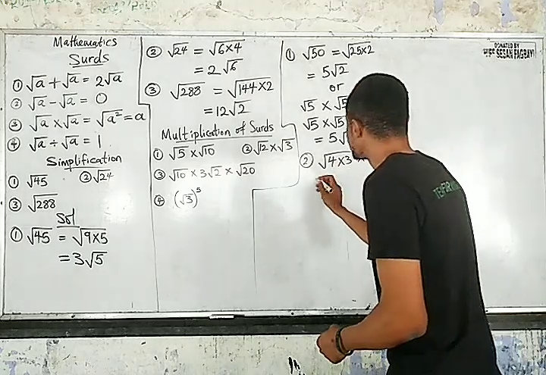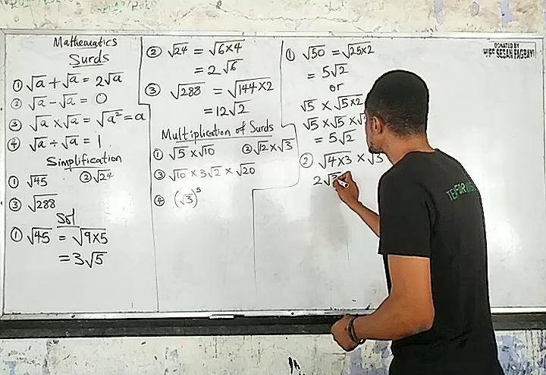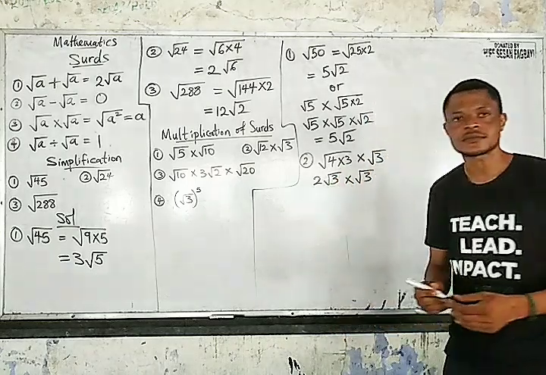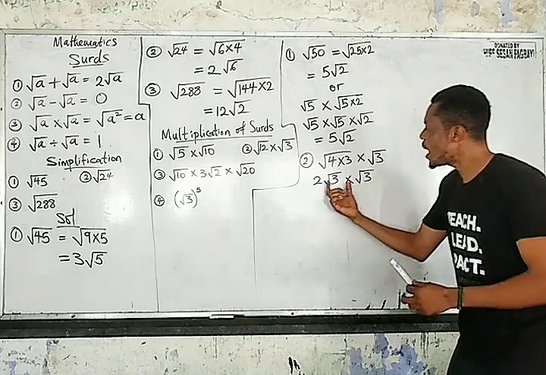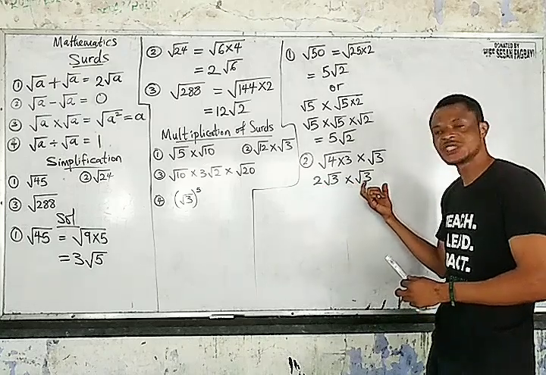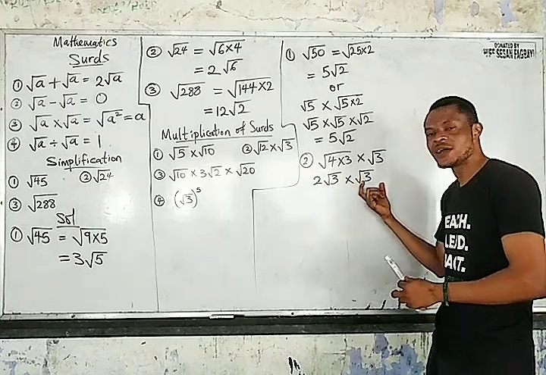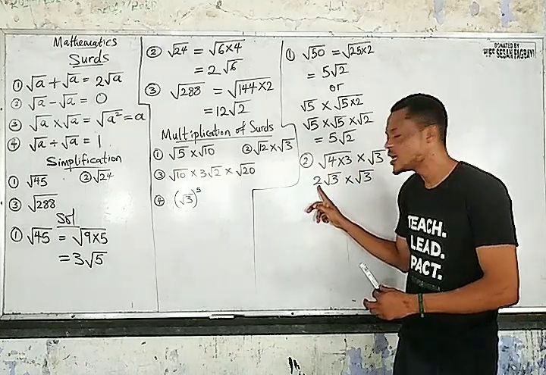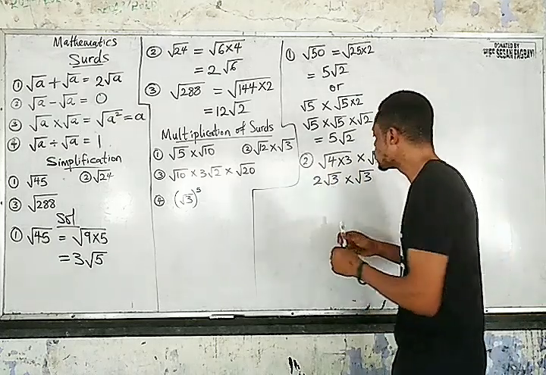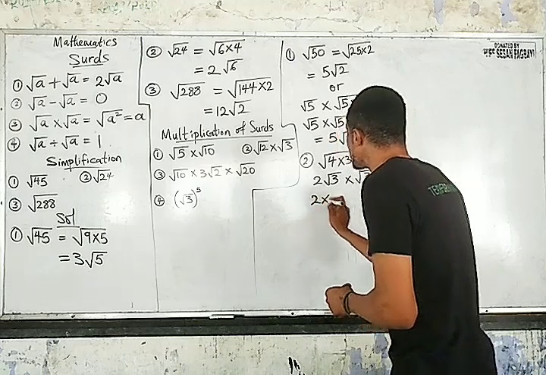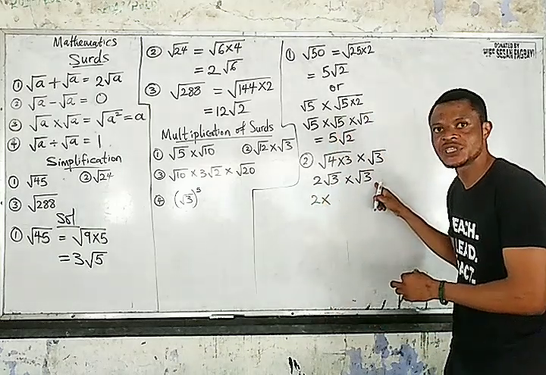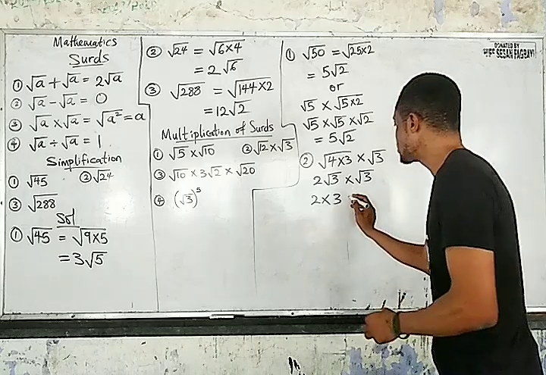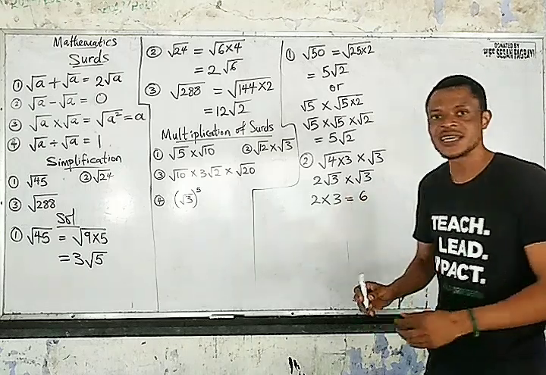So I have 2 root 3 multiplied by root 3. We now have root 3 multiplied by root 3 here, which will end up being 3. Considering that we still have the 2, we shall have 2 multiplied by 3, which will be 6. Easy.